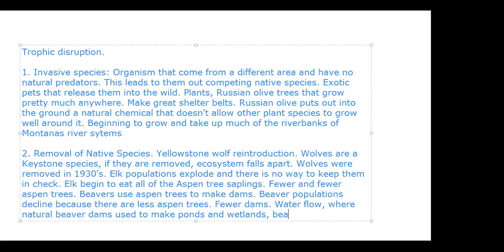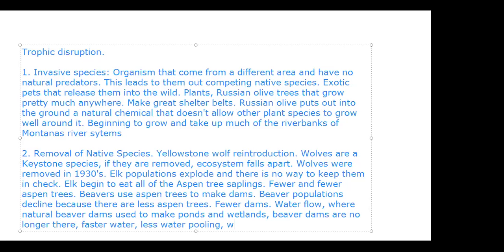Beaver dams are no longer there, which leads to faster water, less water pooling, and that wetland, okay? When the water is not pooling up, the wetland area created by beavers essentially became grassland with a stream through it.